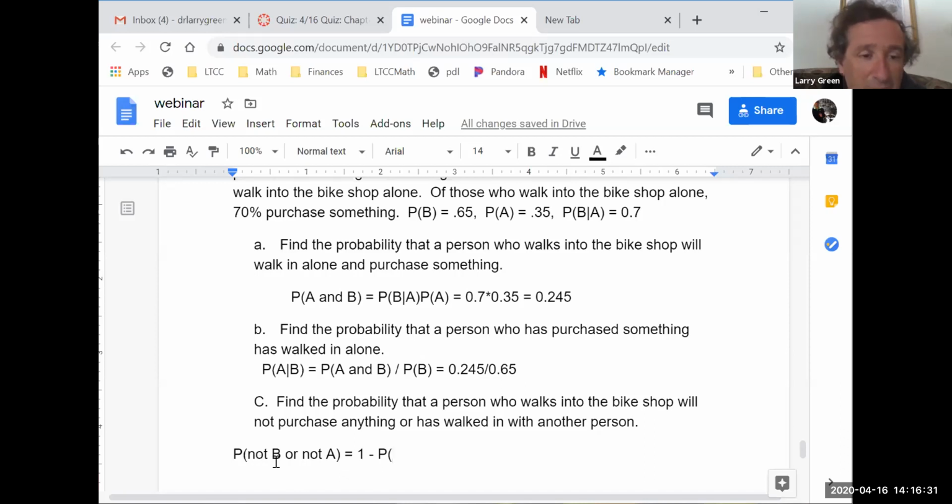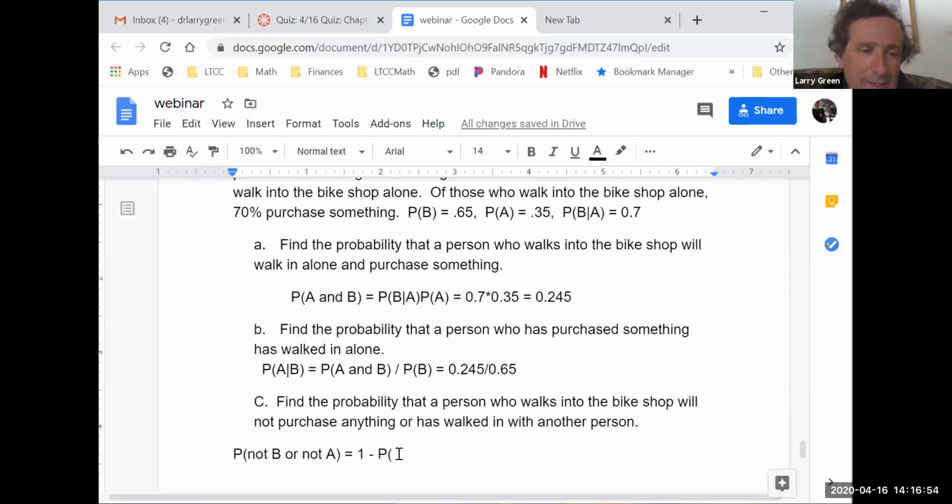So if the statement not B or not A is false, what does that mean? And the hint is, as soon as we get it, it's going to be really easy, but you have to be able to kind of think this way. That's the hard part about these problems. The math is really easy.